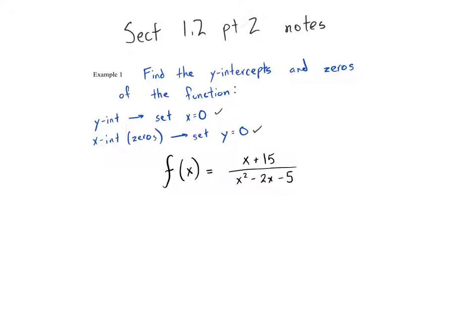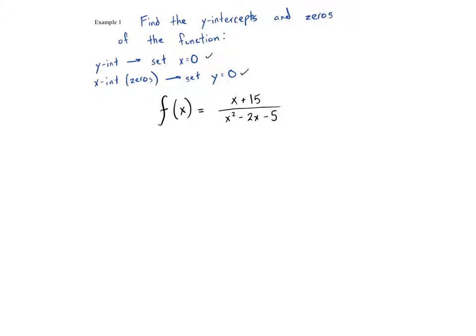On the test on Friday, you won't have a graph to just say, oh, there's our zeros, there's our y-intercept. Given a function, you just have to plug in x equals 0 to find the y-intercept, and plug in y equals 0 to find the x-intercept. So let's do that right now.